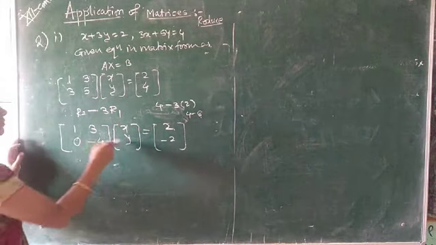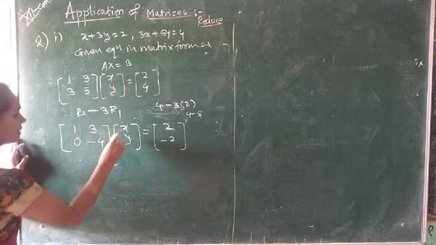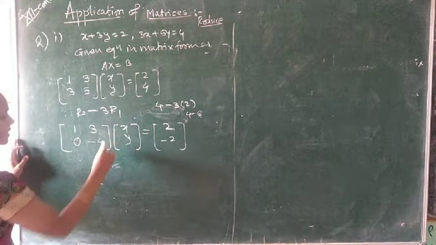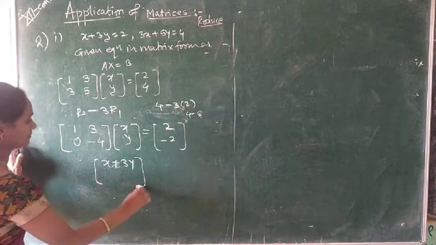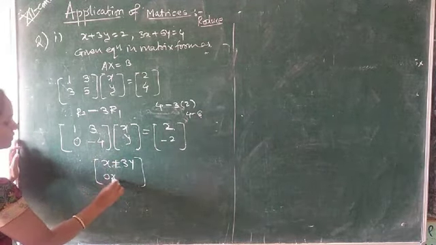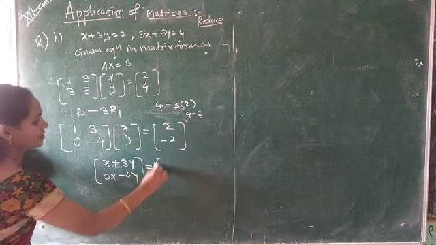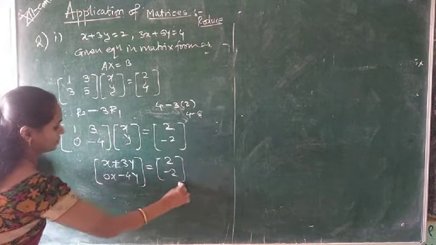And if it is a 3 by 3 order matrix, then we have to convert it into an upper triangular matrix. Now here we take the product of these two. So 1 into x, that is x, plus 3 into y, 3y. Next 0 into x, 0x, minus 4y is equal to 2, minus 2.